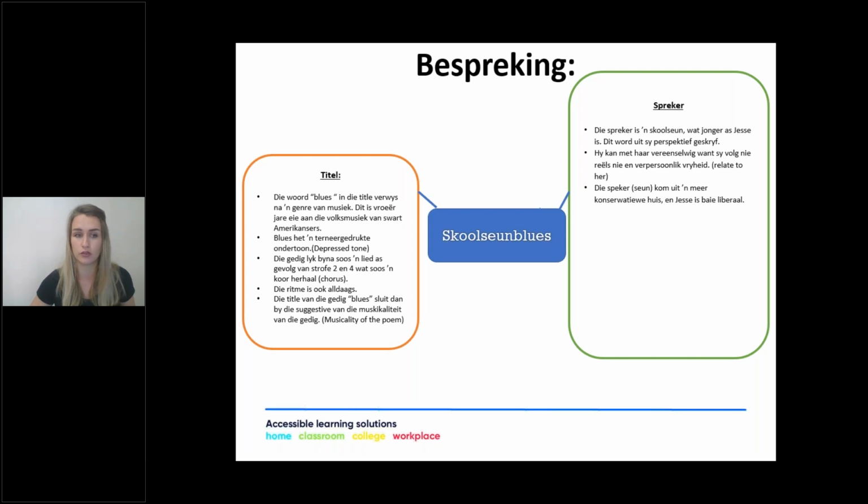Jessie is a bit more liberal. In the poem, the boy's mom says that Jessie het niks tussen haar ore nie. That means that she's dumb. She says that she has nothing in between her ears. So the opinion that the boy's mom has of Jessie is not very good.